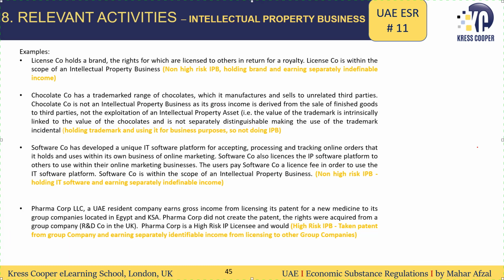In the first example, they said a licensee holds a brand which is licensed to others in return for royalty. It means the licensee has a brand which is given to other people against royalty, so it will be considered non-high risk IP business, and it will be subject to ESR. In the second example, there is a chocolate company. This chocolate company has its own trademark.